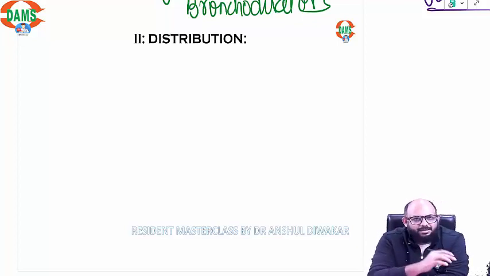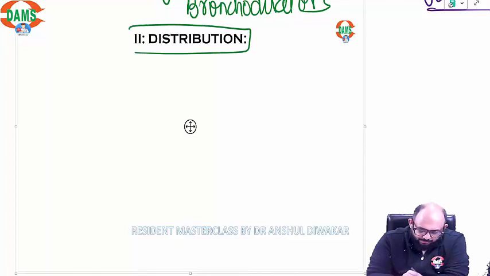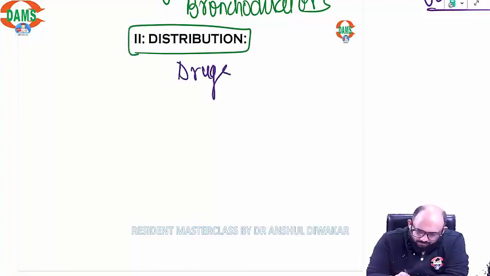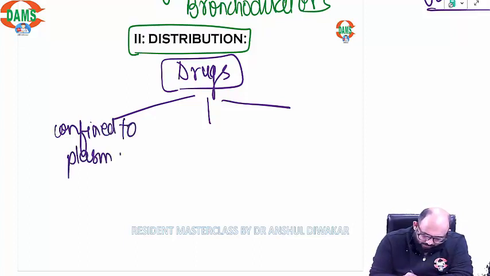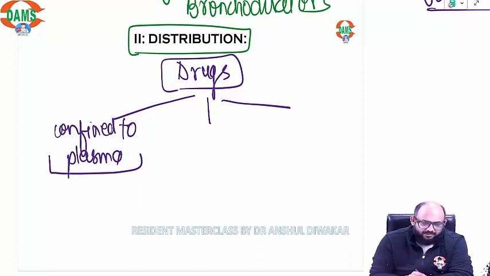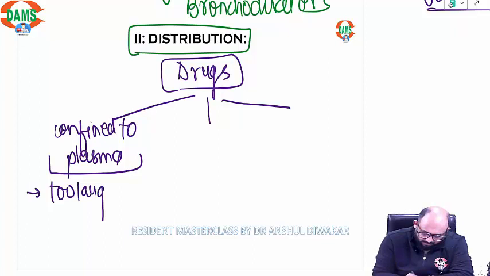Now, depending on the distribution in the membranes, you can divide drugs into three categories. One are those confined to plasma, which are large molecules. A type that we have discussed in detail is colloids.